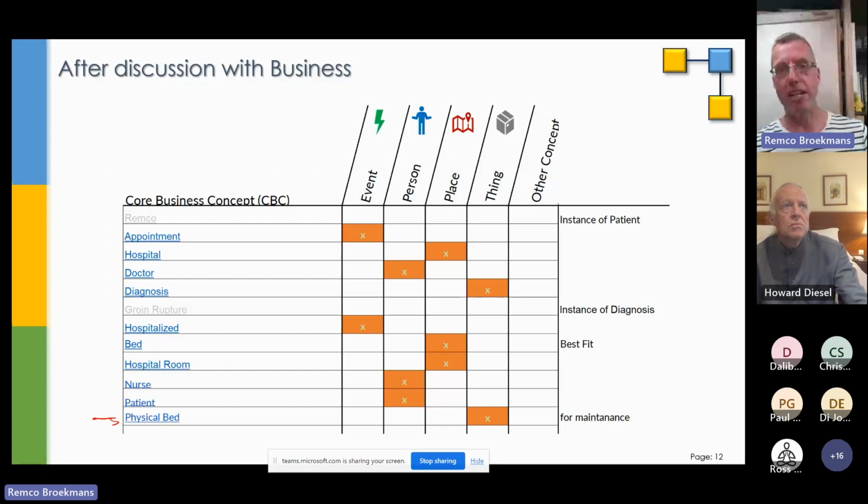We called it a physical bed, which was a thing, the actual thing you're lying on. And that was purely for maintenance because it had a barcode. Because if the wheel drops off or whatever, maintenance should know exactly which physical bed they need to take care of. Housekeeping needs to know which actual physical bed, regardless of where it is, they need to service.